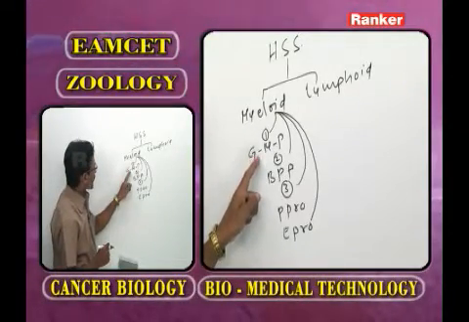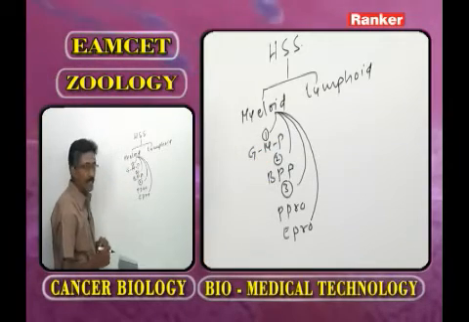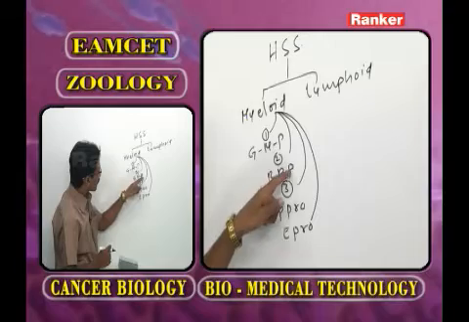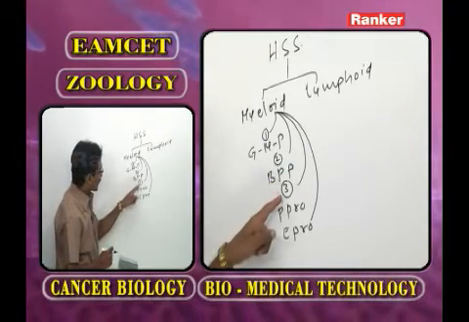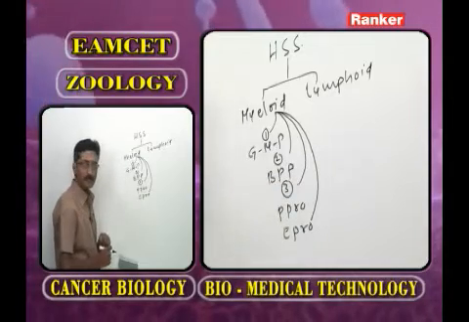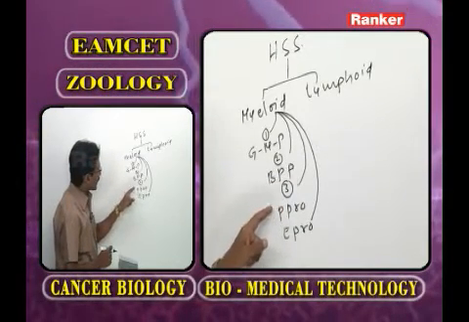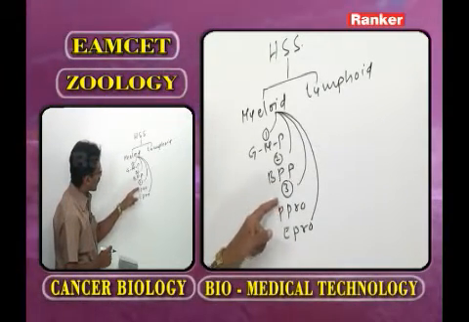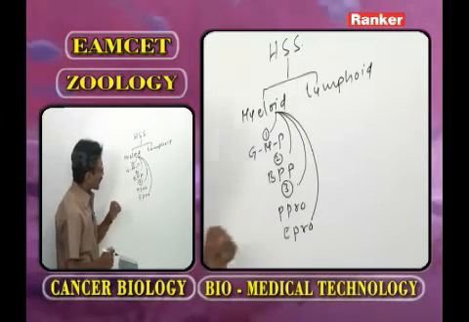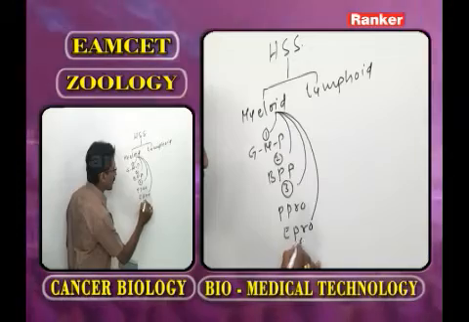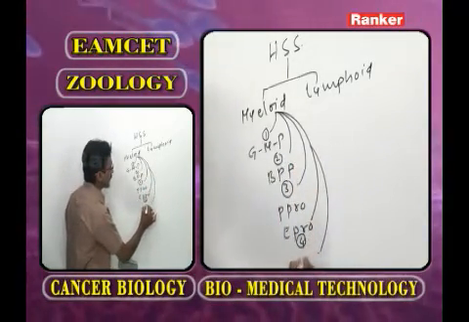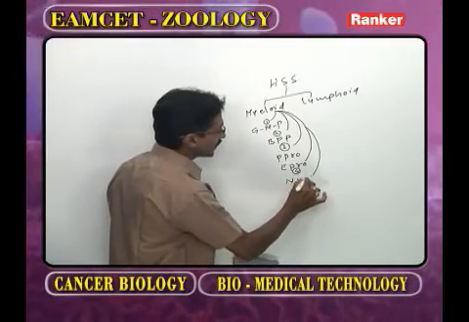One we call granulocyte monocyte progenitor, the second one basophil progenitor, the third one thromboplast or platelets progenitor, the fourth one erythroid progenitor, and the fifth one neutrophil progenitor.